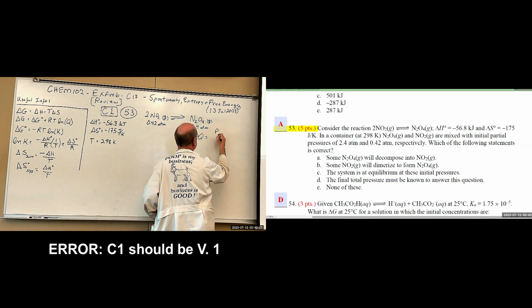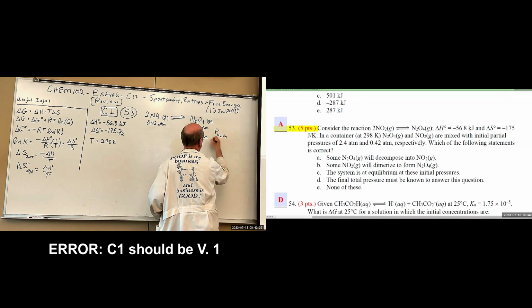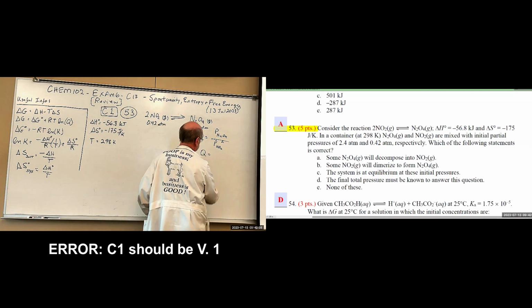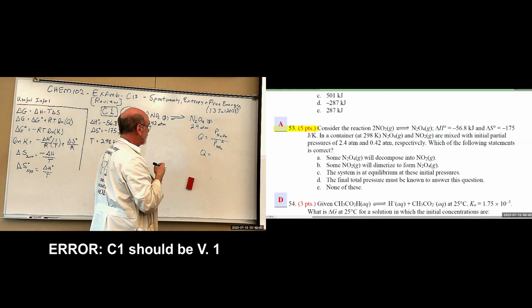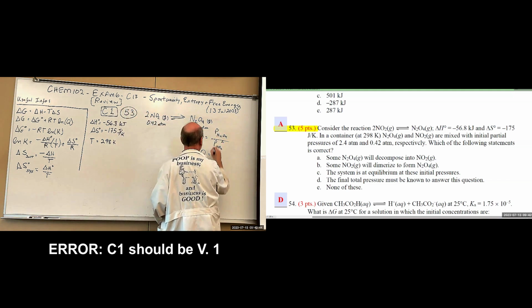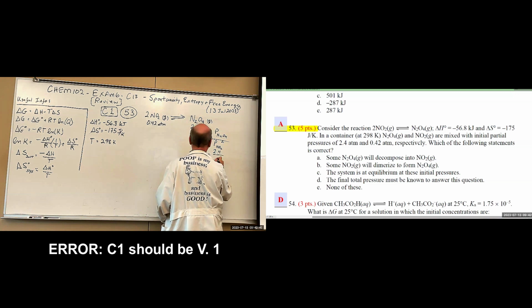It would be P N2O4 divided by P NO2 squared. So we can calculate Q. Whether we need it or not is another question. So that would be 2.4 divided by 0.42 squared.